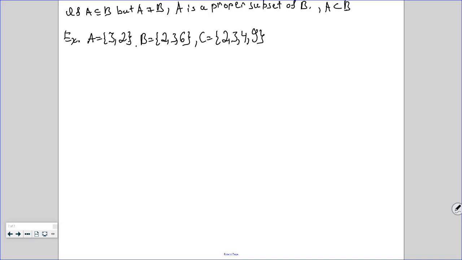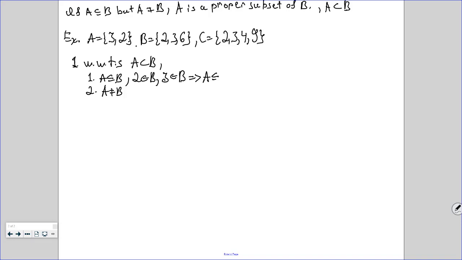We want to prove that A is a proper subset of B. To show this, we need to first show that A is a subset of B, then show that A is not equal to B. For the first one, it's easy to show, since 2 is in B and 3 is in B. Here, from the definition of subset, we have that A is a subset of B.